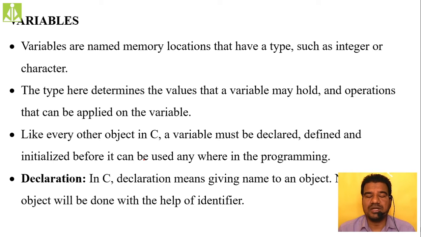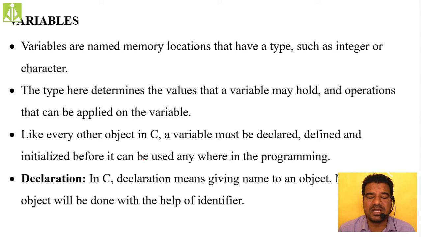Okay? So it is very difficult for us to remember the exact address of those memory locations, because when we discussed this hardware stuff, I told you that all the memory locations inside your computer will have a unique address, isn't it? And that address, it is very difficult for us to remember. So simply what we are doing, we are giving a name, we are giving an identifier.